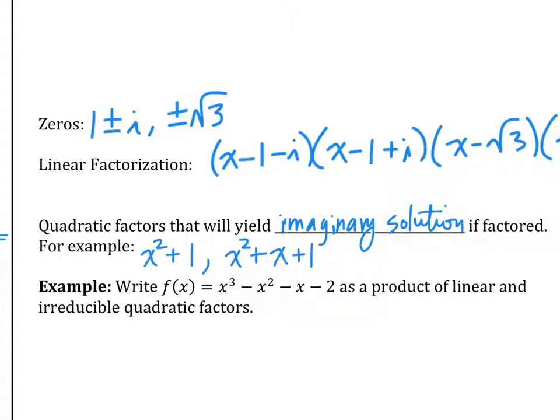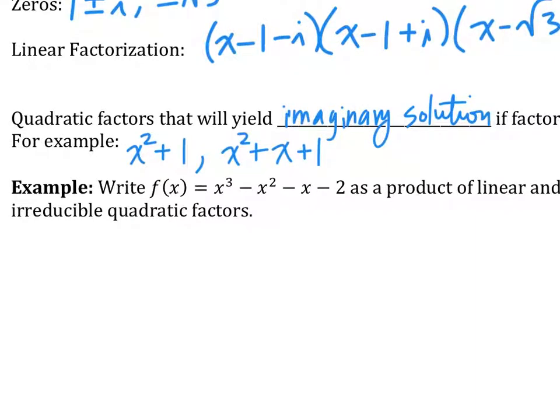Can I factor that? No, I cannot factor that. If I try to factor that, I think this is going to be imaginary as well. But basically, if you get to a point where you cannot factor anymore, it's going to give you imaginary solutions or even square root solutions. They just want you to leave it alone.